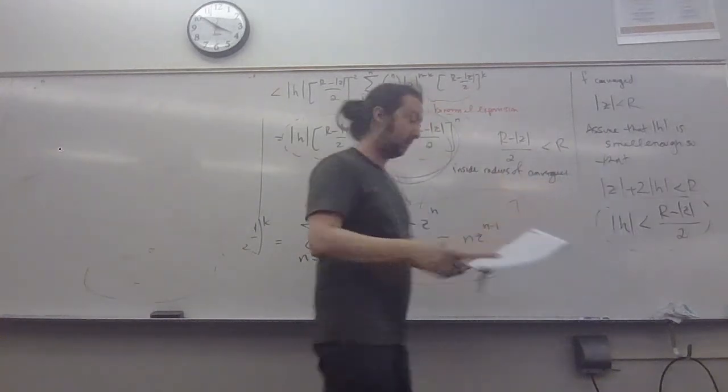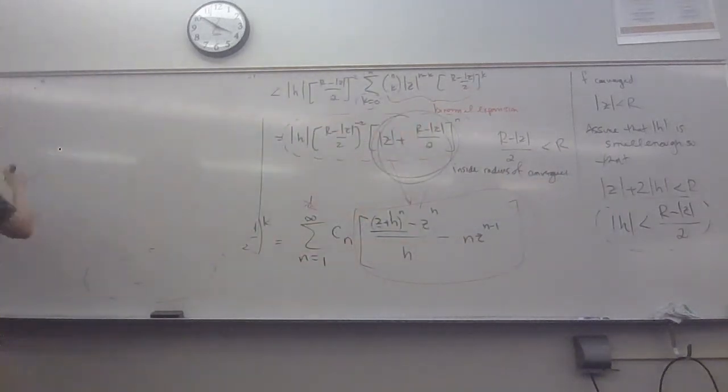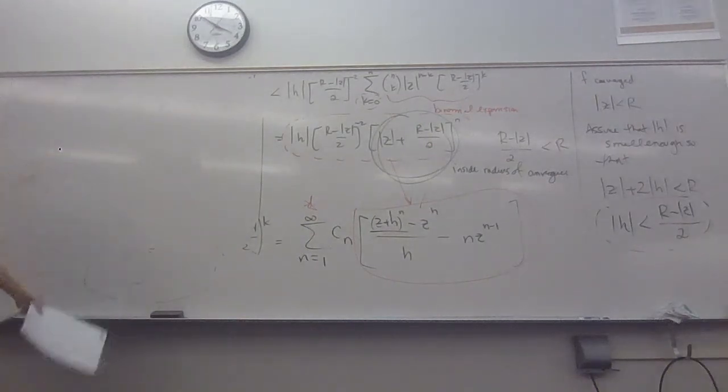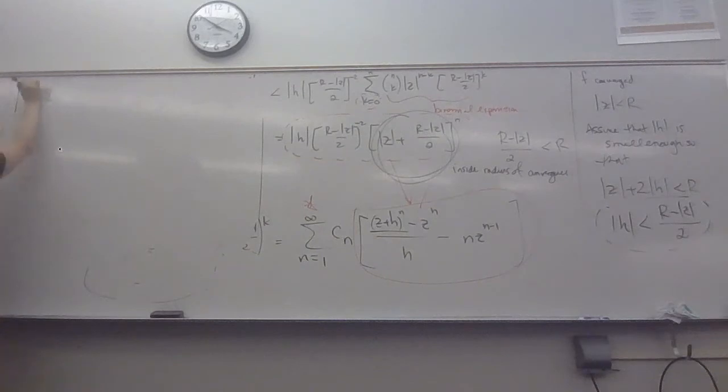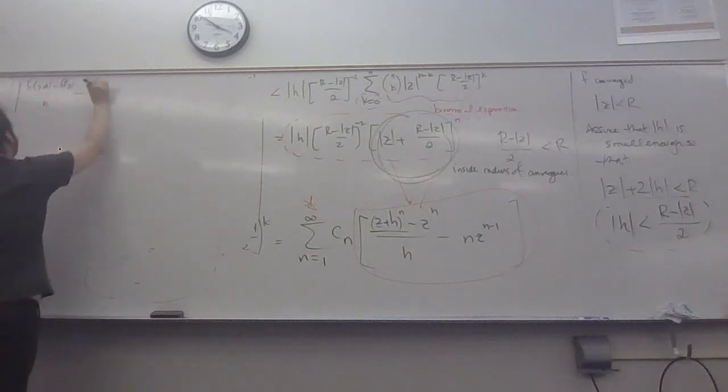Okay, so in the final state of being, we have the absolute value of f of z plus h minus f of z over h, minus the sum of n c_n z to the n minus 1. We did a whole lot of grinding on this. That's an h.